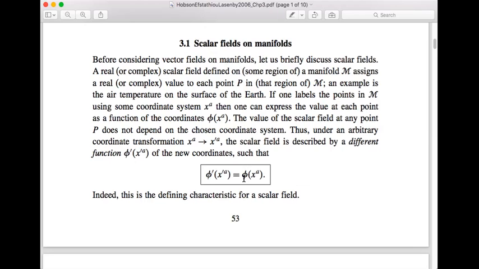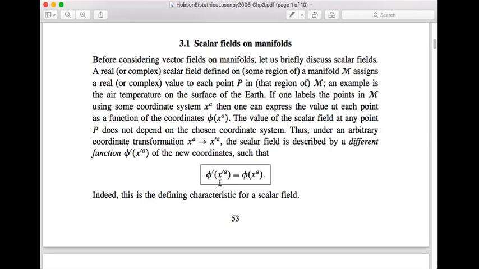So we'd say we have some function phi, which depends on our two coordinates that locate the point on the sphere. But now the temperature depends on the location, not our arbitrary choice of coordinate system.